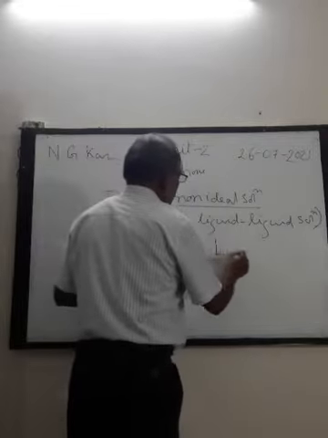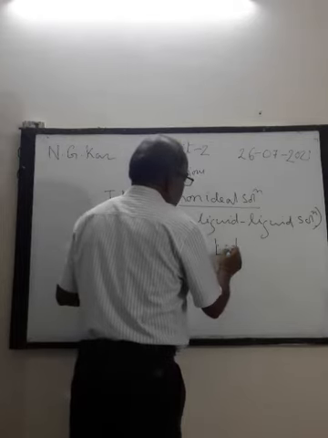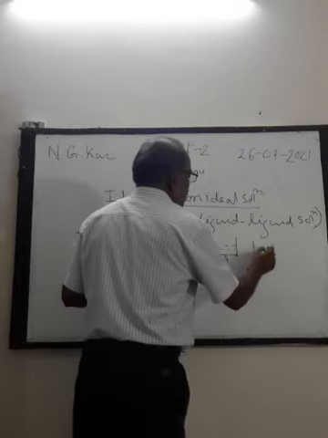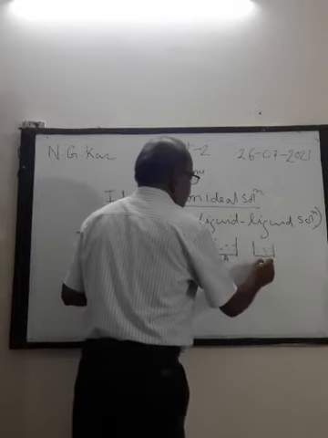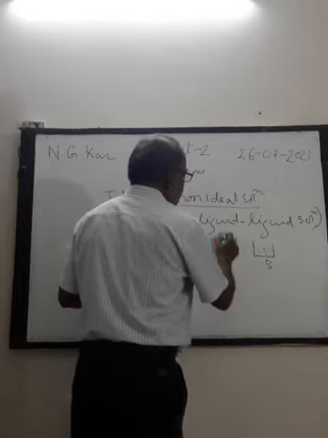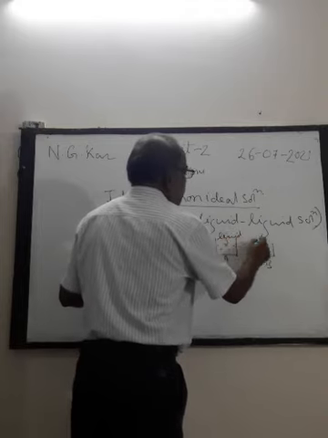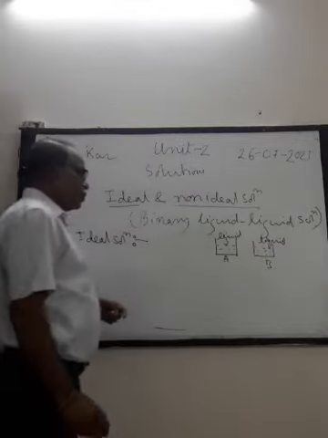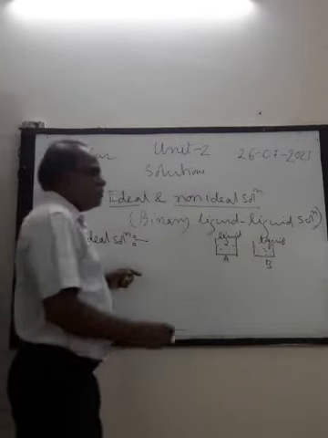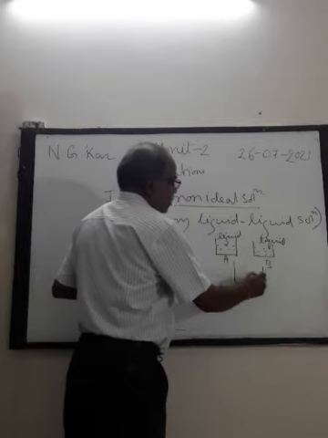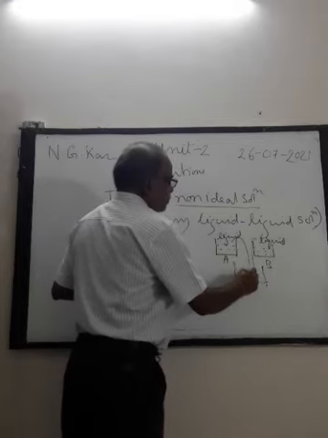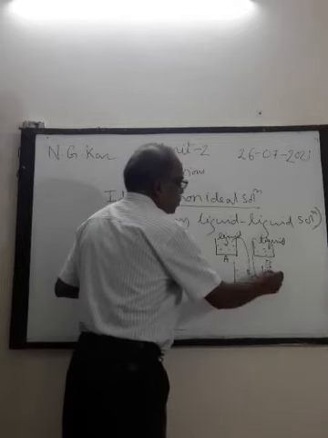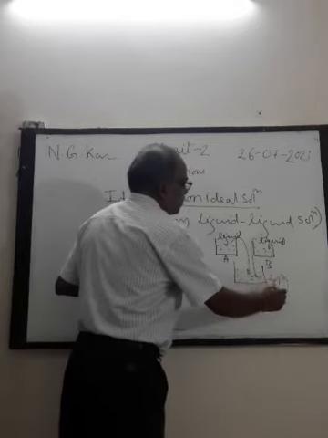So this is one component which is liquid, say A, and this is another component, say B. Both are liquid, and two components, so binary solution. Now these two are mixed together, then we get solution where both A and B are present.